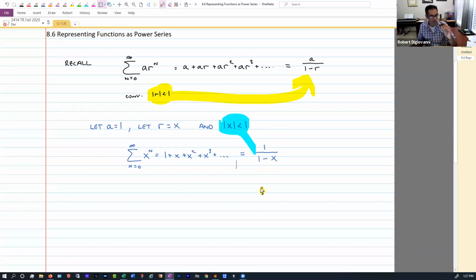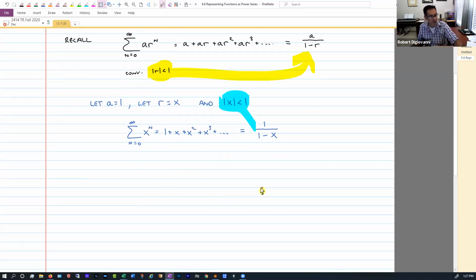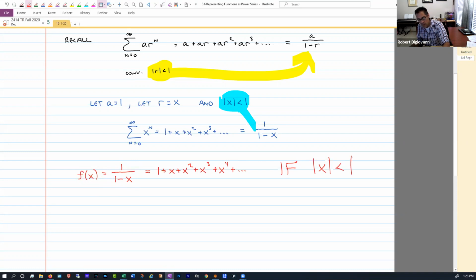So what we just concluded here is this. If we define a function f of x to be the function 1 over 1 minus x, which is a function that you may have studied in college algebra, a rational function, this function is actually equal to 1 plus x plus x squared plus x cubed plus x to the 4th plus ... forever, if the absolute value of x is less than 1.